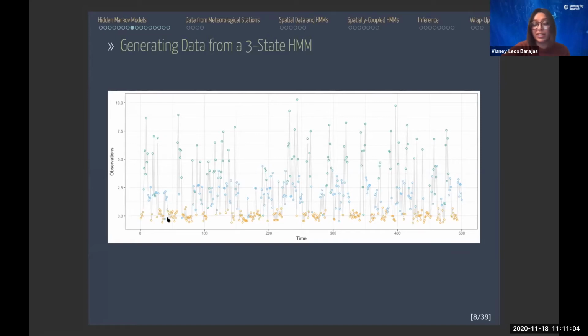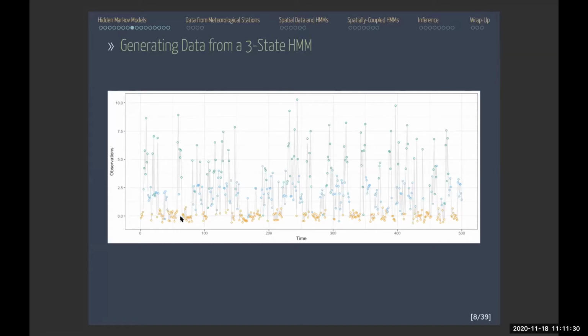This is just a simulation from a 3-state hidden Markov model. Because it's just normal distributions, we have higher values that are green, middle values that are blue, and lower values that are yellow. But if you notice, we can also have some overlap, and that's okay, because the beauty of the hidden Markov model is that you have this dependence over time that helps you identify which observations belong to which cluster.